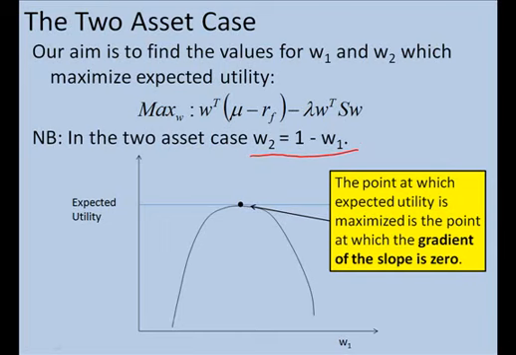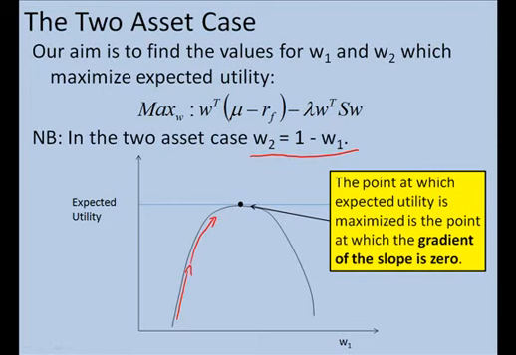Suppose we start by holding virtually none of asset 1. As we increase the amount we hold in asset 1, we see that expected utility starts to increase. We keep investing then because we want to maximize our expected utility, so we keep investing more into asset 1. And we're seeing still expected utility is increasing.